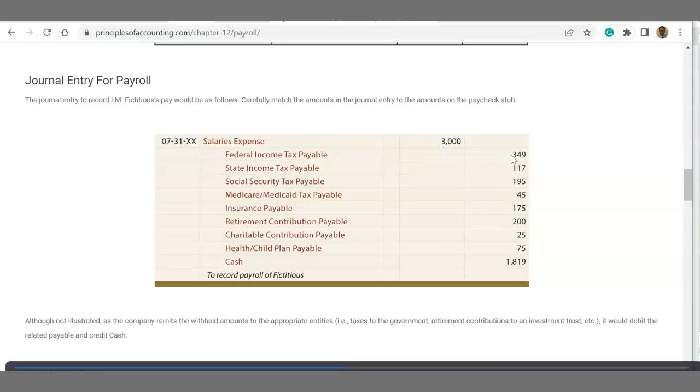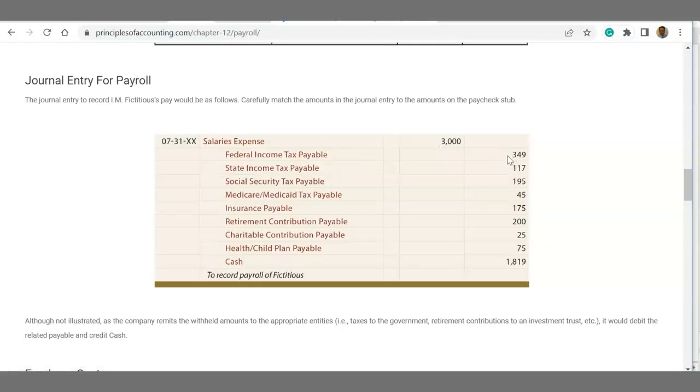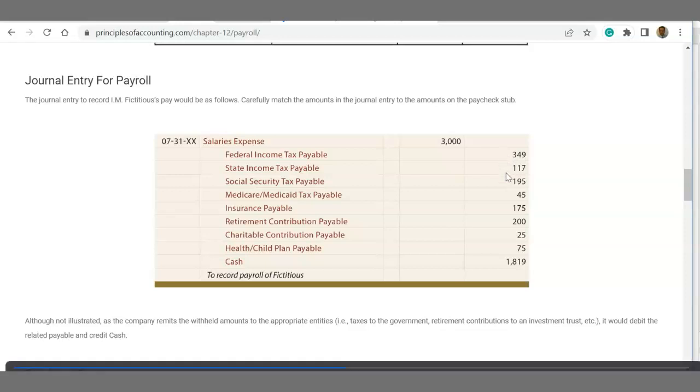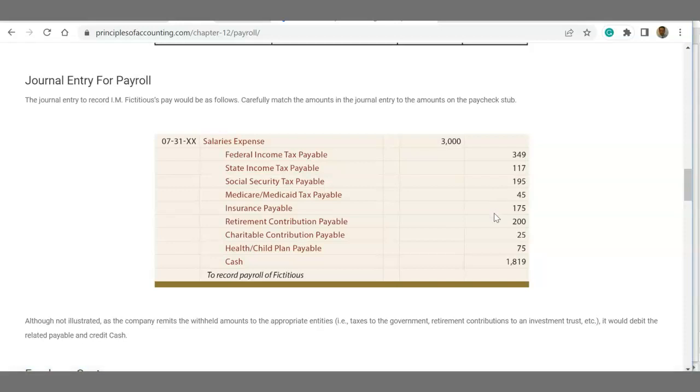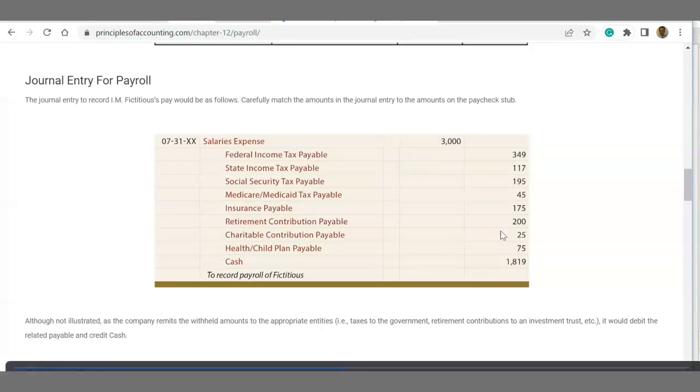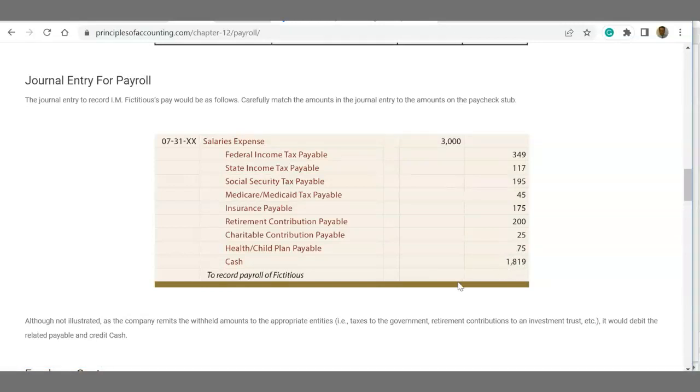However, the company is going to create current liabilities for federal income tax payable, state income tax payable, Social Security tax payable, Medicare tax payable, insurance payable, retirement contribution payable, charitable contribution payable, and health child plan payable. And at the end of the day, just write a check for $1,819.